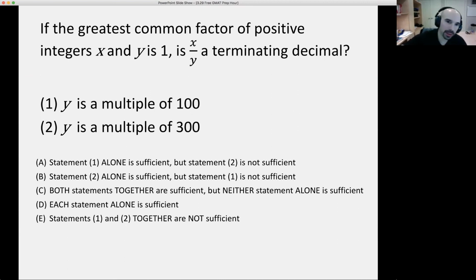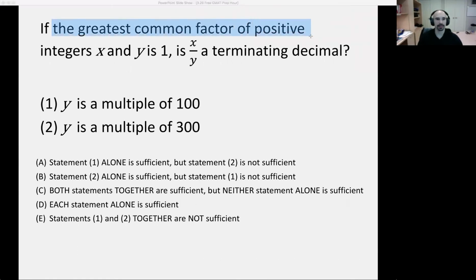So hopefully you notice that the only difference between the questions is this information about greatest common factor. I wonder if anyone can use the chat box to rephrase that part that I just highlighted in blue. What does that mean, that the greatest common factor of these positive integers is 1?